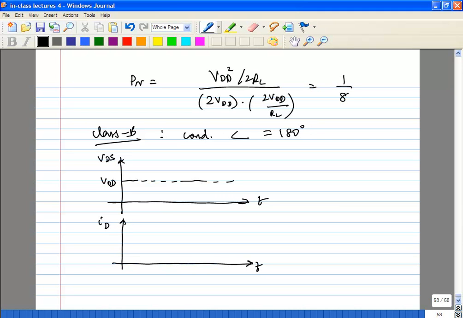The output is still biased at VDD, but the difference is it is going to conduct for only half the cycle. The current through the transistor is going to look something like this.